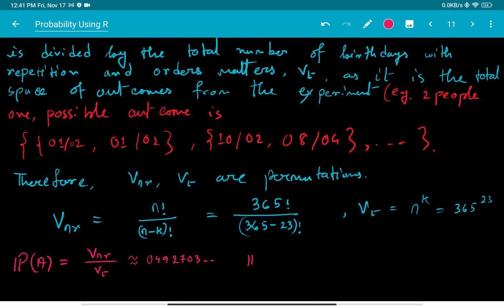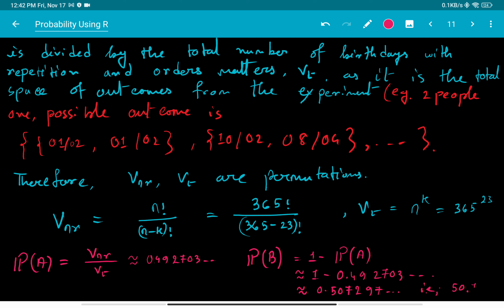So now the probability of B is 1 minus probability of A, that is 1 minus 0.492703, approximately 0.507297, that is 50.729 percent.